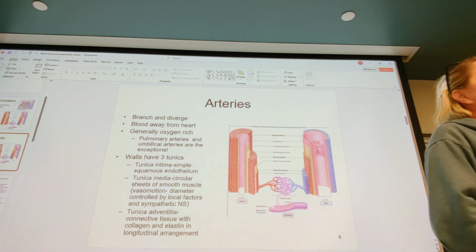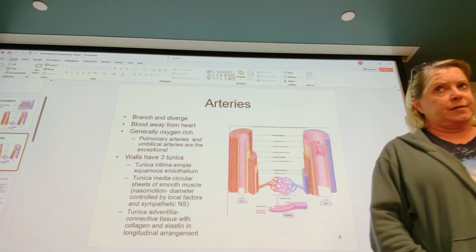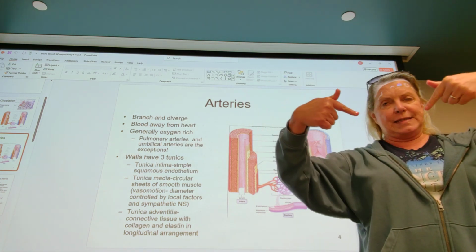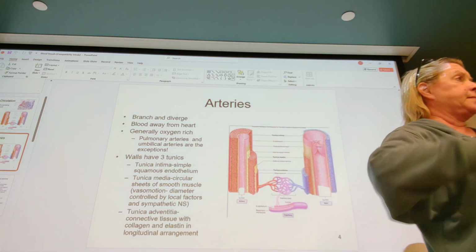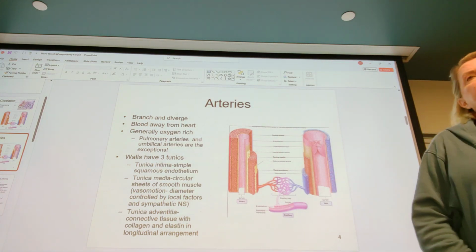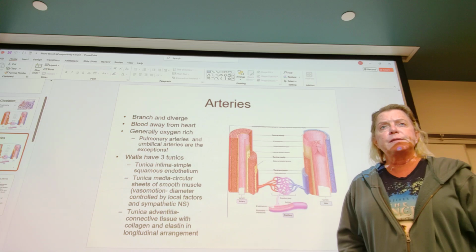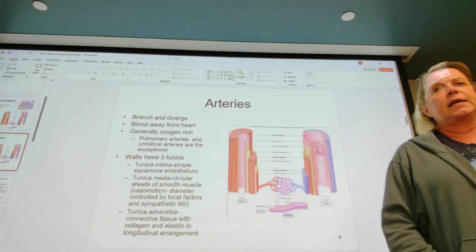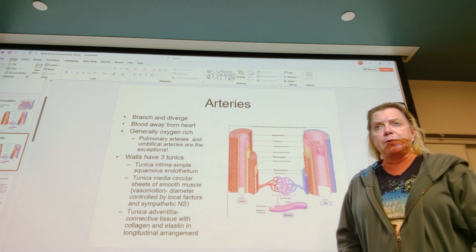Going from external to internal, going from the outside of a blood vessel to the inside towards the lumen, we have the tunica adventitia, also known as the tunica externa. It is made of collagen fibers.